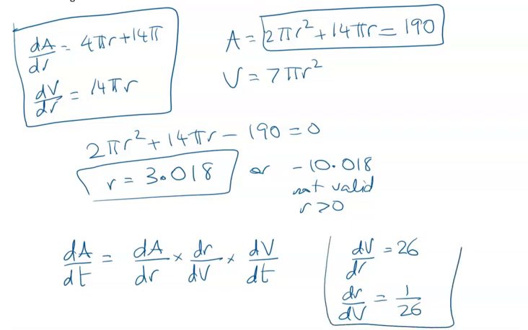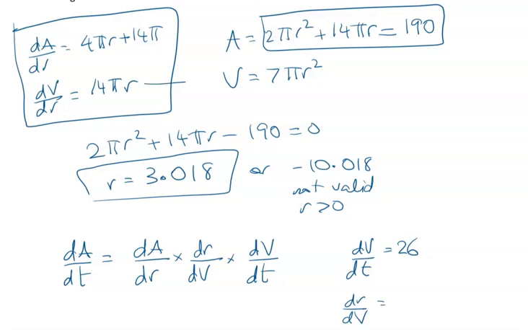Okay, so we've got this. That's not right, that's not dV by dr, that's dV by dt. Okay, we fixed that up. dr by dV is not 1 over 26. dr by dV will be the reciprocal of dV by dr, so it's 1 over 14 pi r.